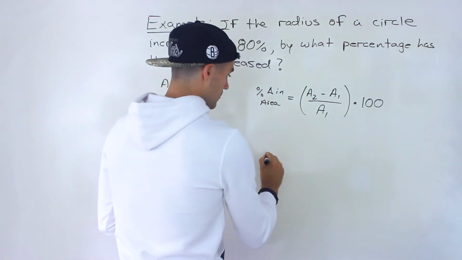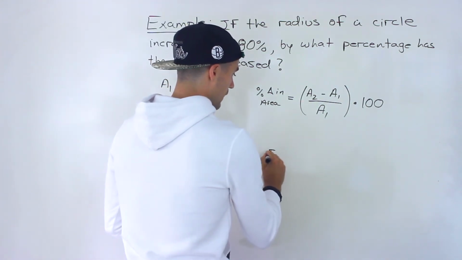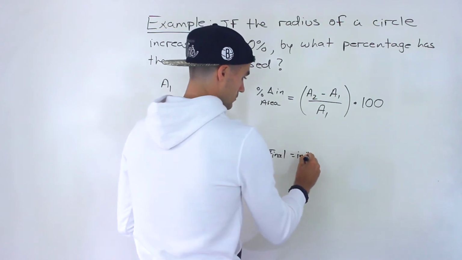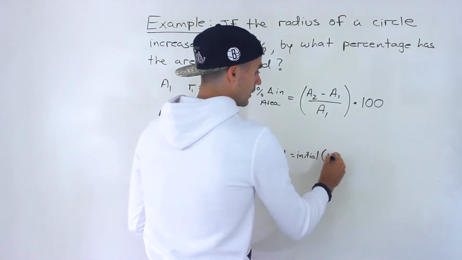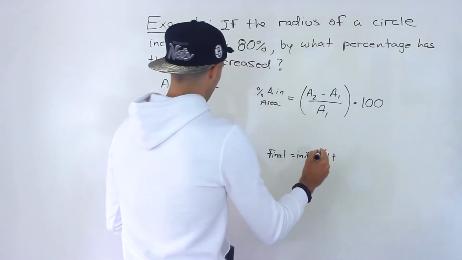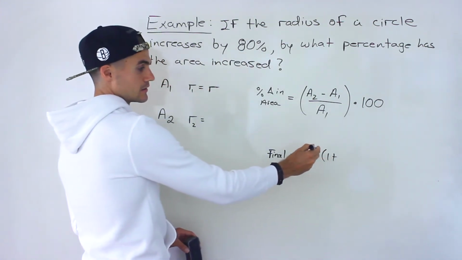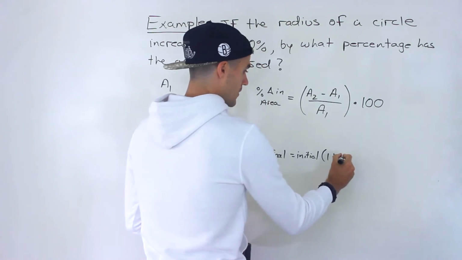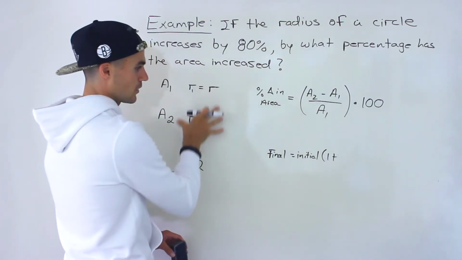If you remember, the final amount, in general, is equal to an initial amount times 1 plus the percentage increase or decrease in decimals. Now, I don't want to put r here because we already have a lot of r's.